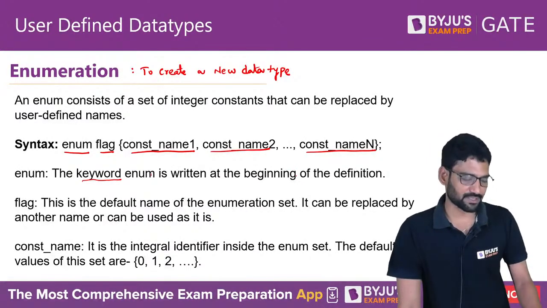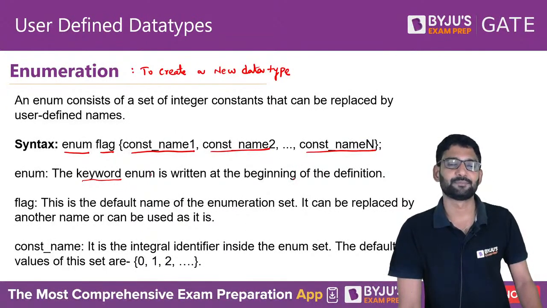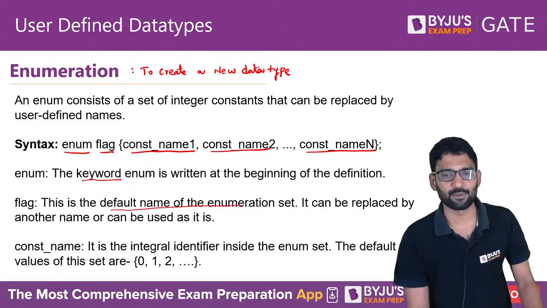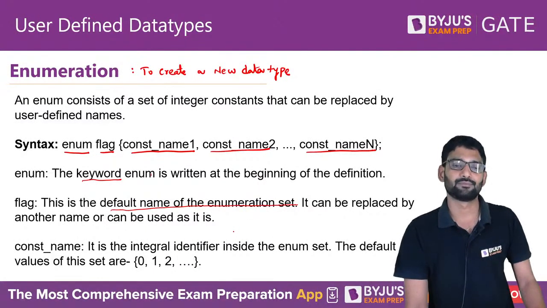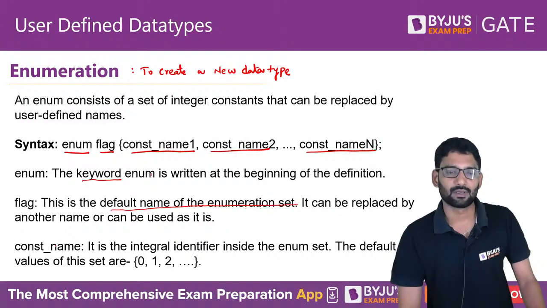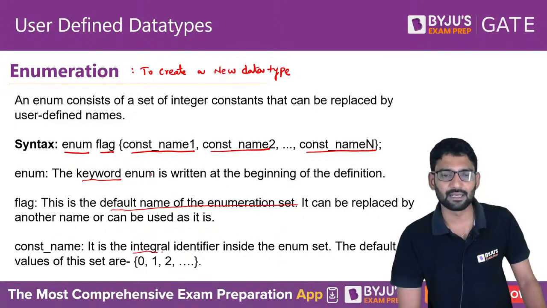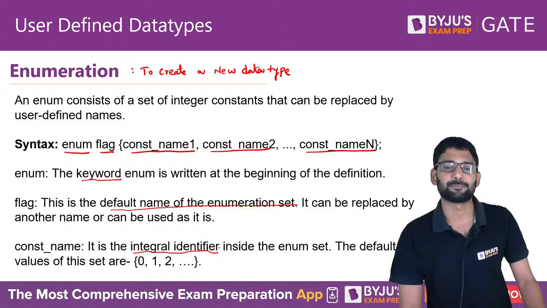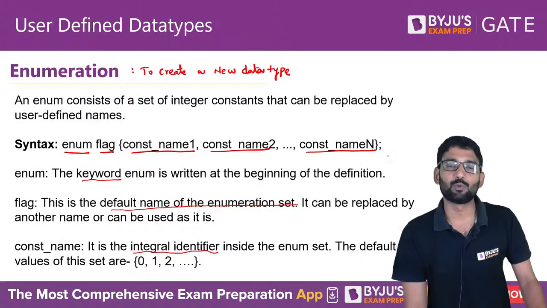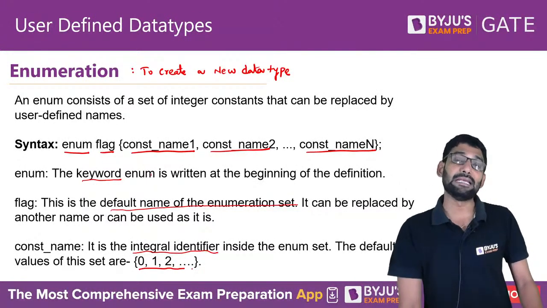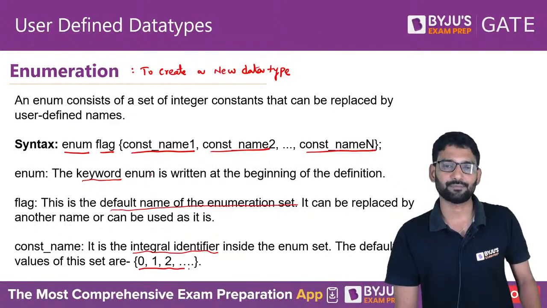Hello Trivikram Prasad, hi, good evening. And flag is the name of that data type you want to give. And all the names are integral identifiers, and the values are 0, 1, 2, all integers you can assign.